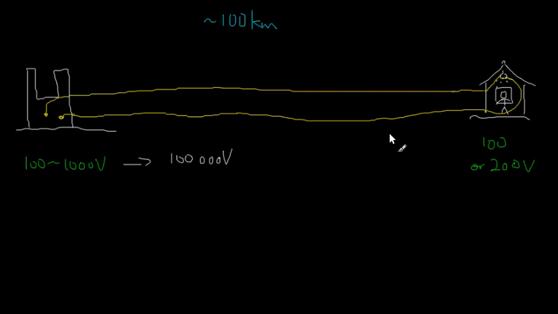And in that station, this 100,000 volts is then changed down to 100 or 200-over volts, so that we can use it in our house.